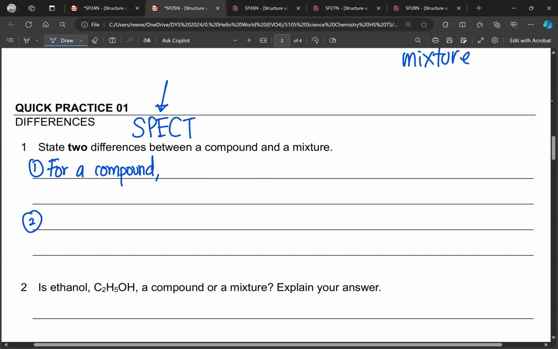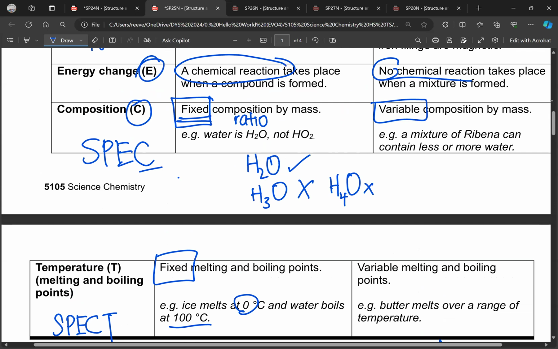Okay, a chemical reaction is involved, energy change. Okay, energy change.